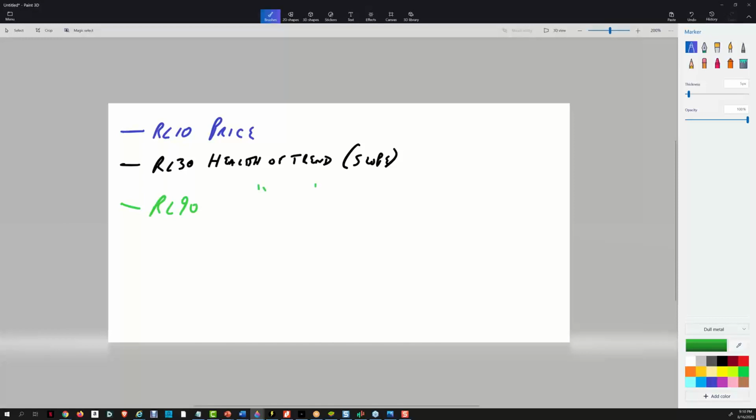The RL90 is the health of the trend of next higher time. It's also the price of 2 times higher, in the same way that the RL30, the health of the trend, is also the price 1 times higher.